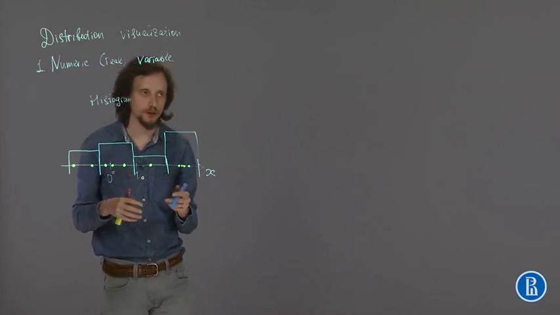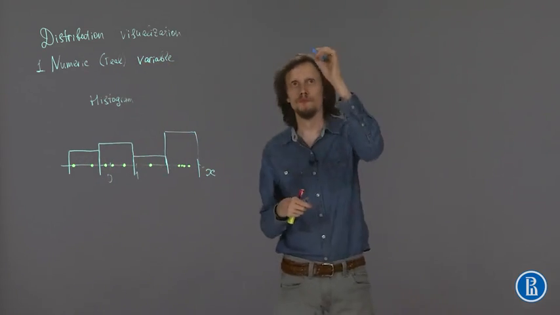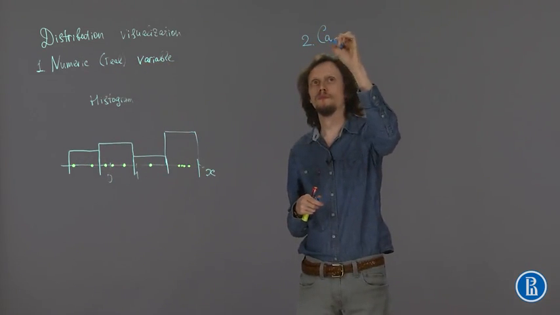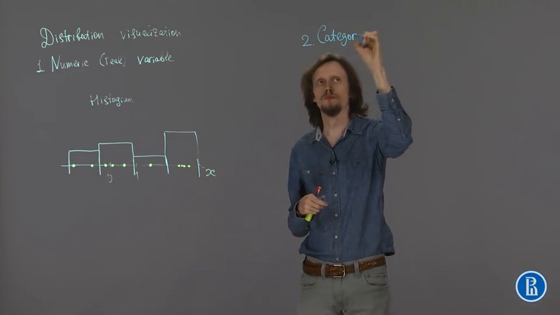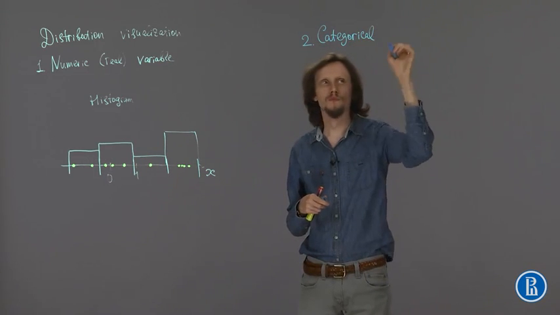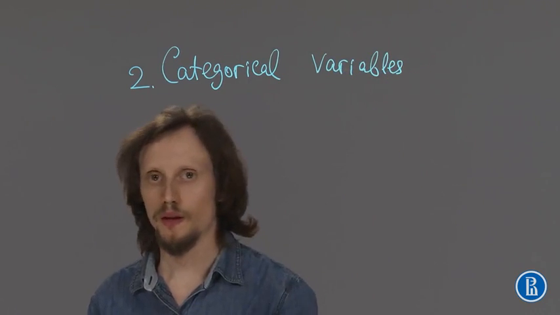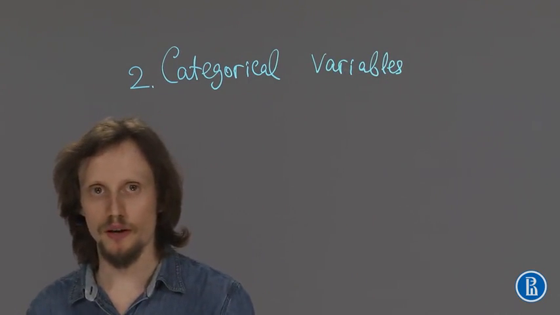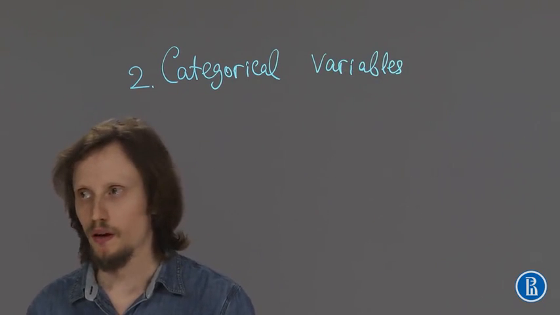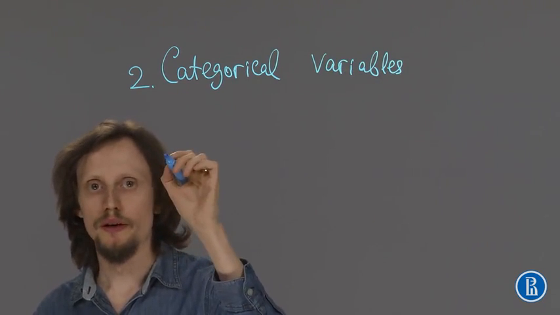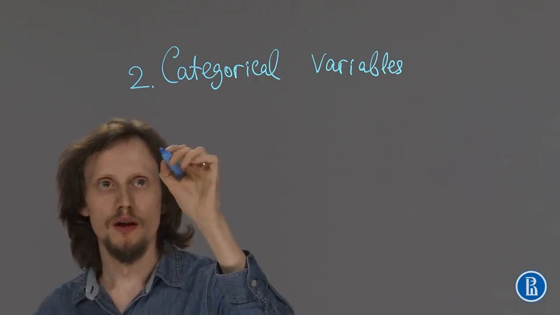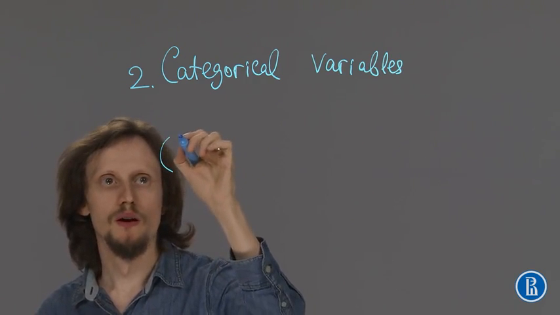What about categorical variables? Let us assume that I have a variable like hometown. And in this variable, I have the following values.